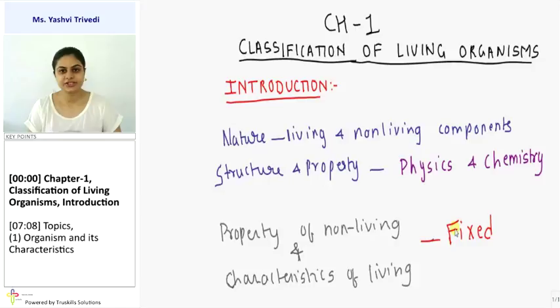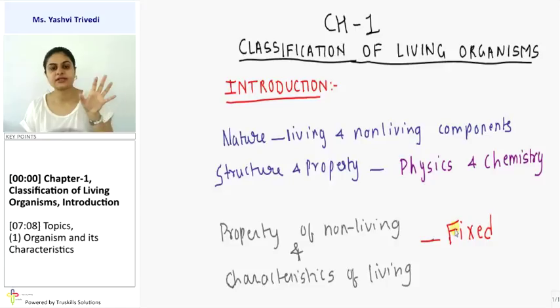When you look at the characteristics of non-living or living organisms in nature, they will be fixed. The characteristics of the living organism won't change. Similarly, the properties of non-living organisms are also fixed and won't change. So that is a fixed criteria for us.